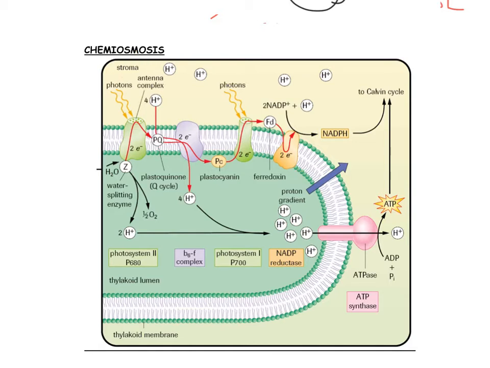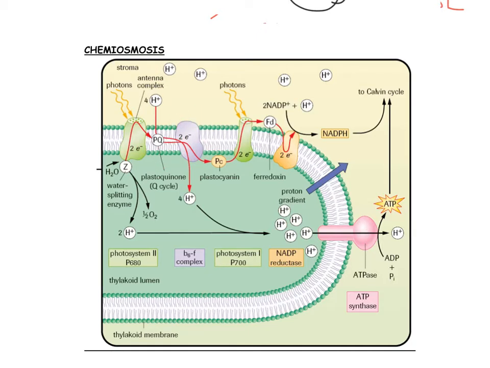We have the stroma on the outside of our thylakoid, and we have our lumen inside the thylakoid. What you should be seeing here is just the proper sequence of events in that electron transport chain. We're going to move on past that because there was one important component of non-cyclic electron flow that relates to chemiosmosis, which is that for every 2 electrons moving through the electron transport chain, 4 hydrogen ions are pumped into the lumen using our B6F complex.